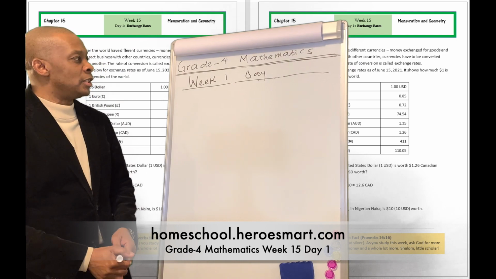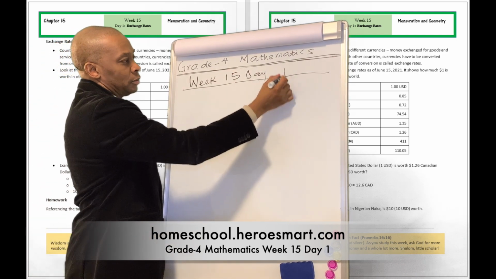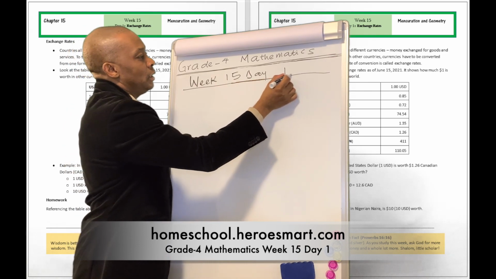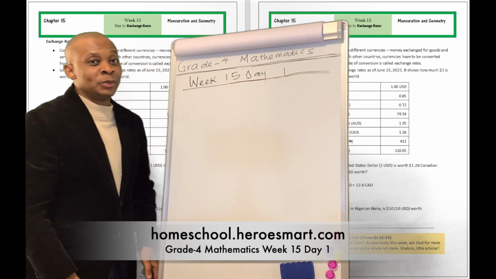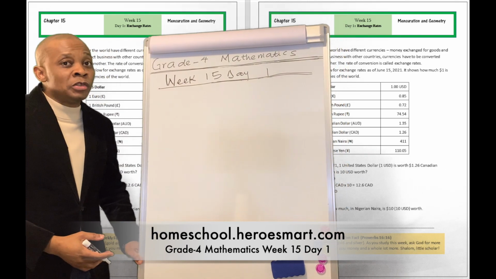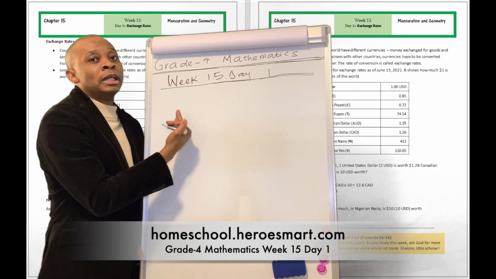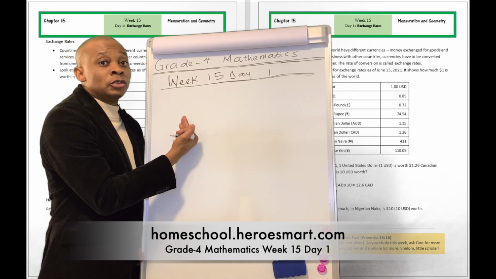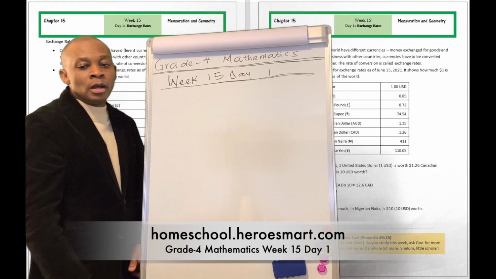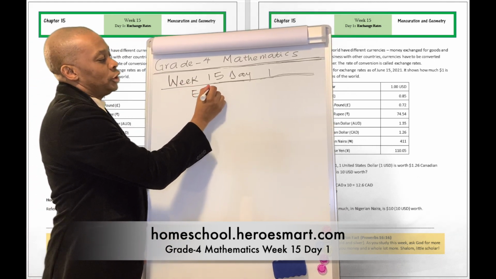All right, so we're going to be talking about the concept of exchange rates right now, which is a critical concept to learn in mathematics. But it's going to be another way to apply what you learn about inverse relationships when you're trying to convert currencies, using one exchange rate of a country to another. So let's take a look at it. Exchange rates.